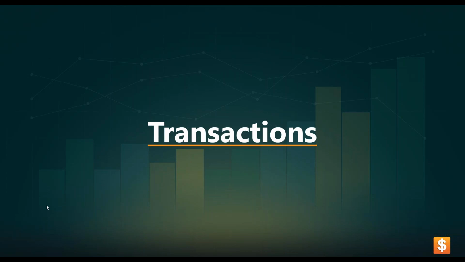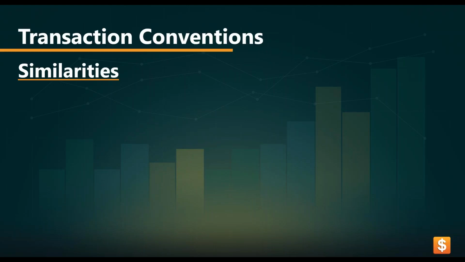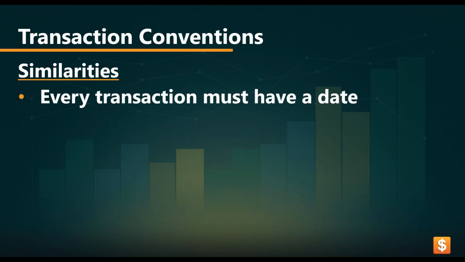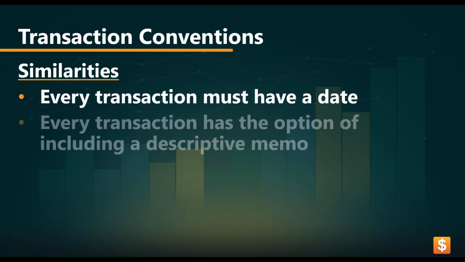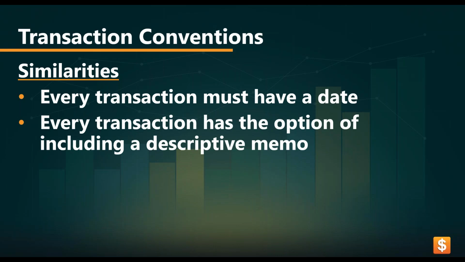And then just those transaction conventions. There are some similarities to other software you guys might have used. Naturally, every transaction is going to have a date, just so that we can track it. It will have the option to add a memo, just a description to let you know what this transaction is for.